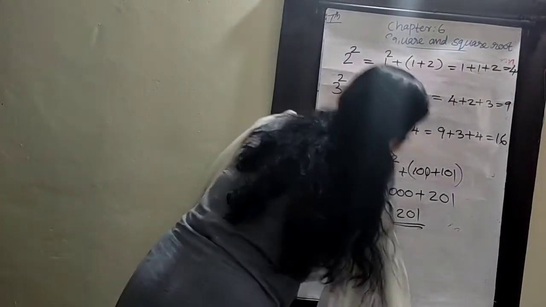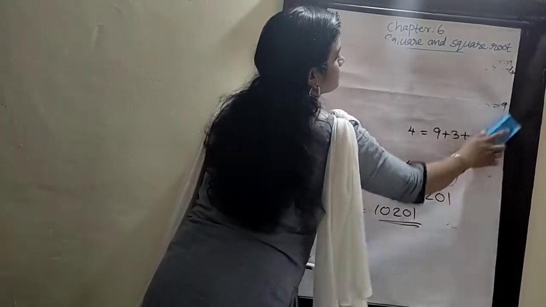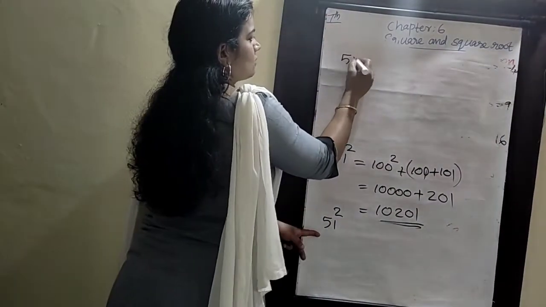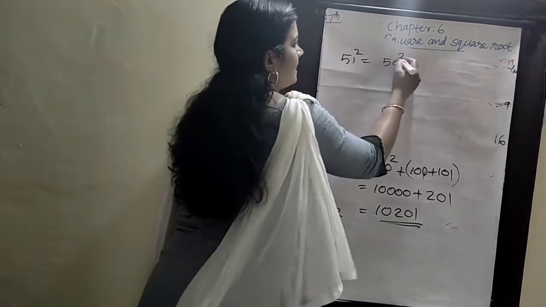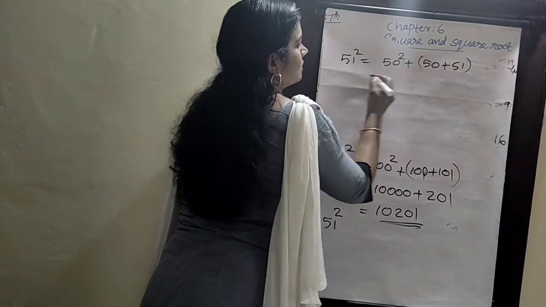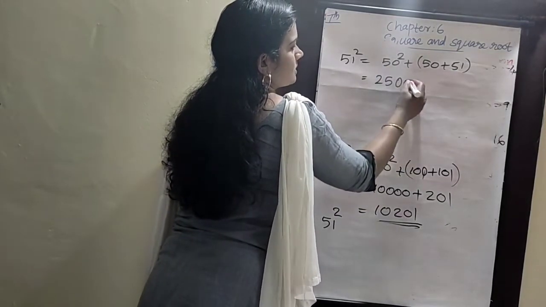Then how to write 51 squared? In this type of easy question we can write like this. Before 51, 50 squared plus 50 plus 51. 50 squared, 5 fives are 25, with 2 zeros.